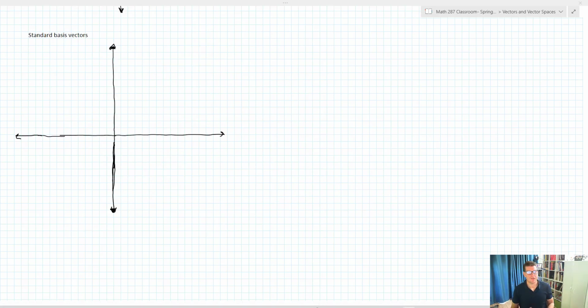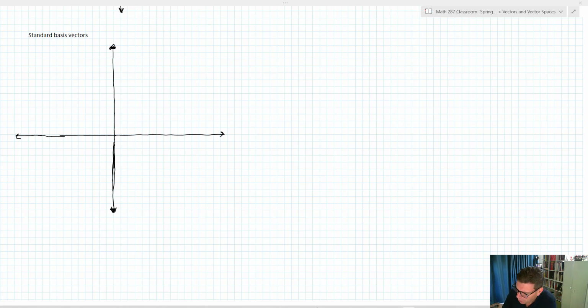So the final piece for the beginning of our talk is these things we call the standard basis vectors. We're going to get into what a basis is a little bit later, but these are the most fundamental, the simplest of vectors to write linear combinations with.